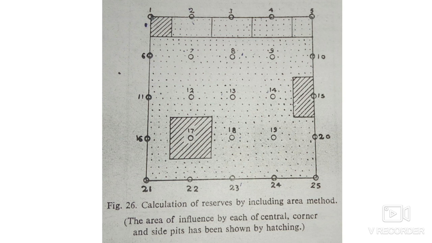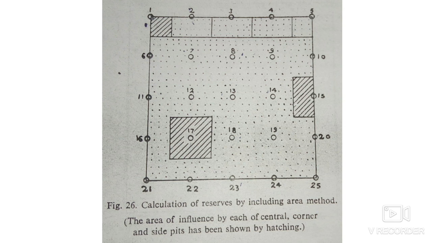As you can see in the diagram, the central 9 squares, squares 7, 8, 9, 12, 13, 14, 17, 18 and 19, these 9 blocks have an area of 25 into 25, that is 625 square meters.